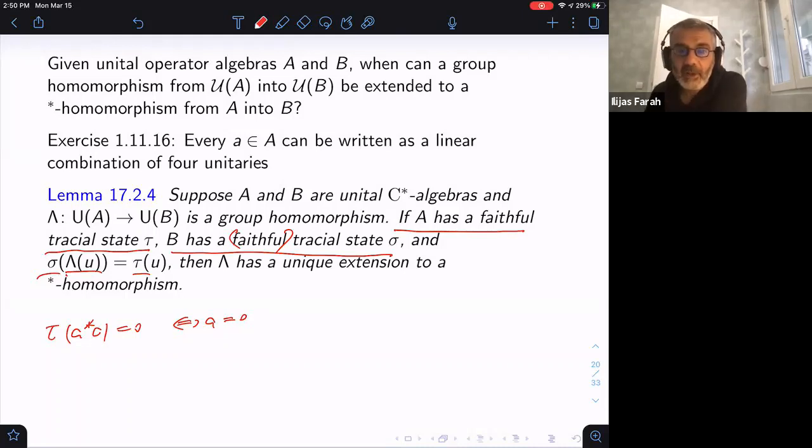So this is definitely not a necessary condition, but it suffices, and that's exactly what we want, because in our situation, A is a matrix algebra and B will be some finite dimensional, actually matrix algebra as well, and they'll both have unique tracial states. And we'll make sure that tracial states are preserved.